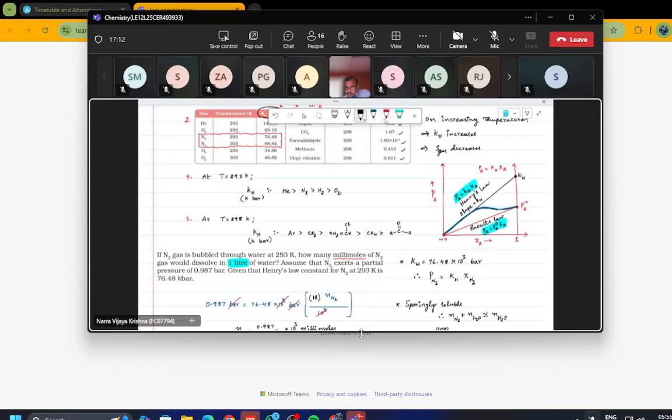So I am writing that point. Can I write that point here as a note? Can I write as limit XA tends to 1, KH is equal to PA naught?